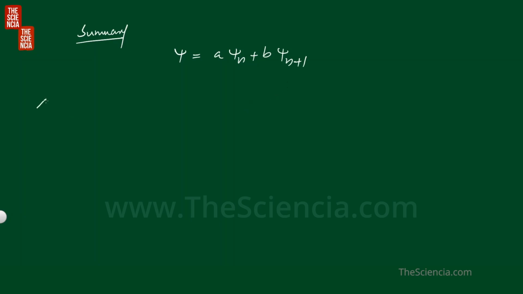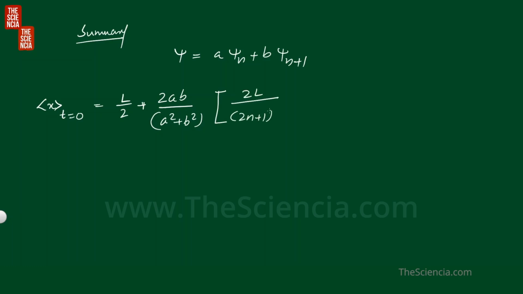Then the expectation value at t equal to 0 will be equal to L by 2 plus 2ab by a square plus b square into 2L by 2n plus 1 all square pi square minus 2L by pi square.